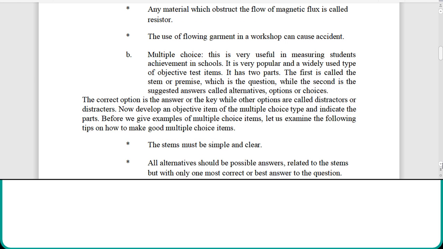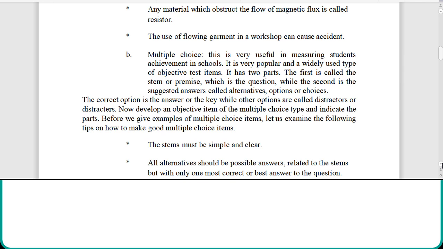The second type of such questions is multiple choice. This is very useful in measuring students' achievement in school. It is very popular and a widely used type of objective test item. It has two parts.